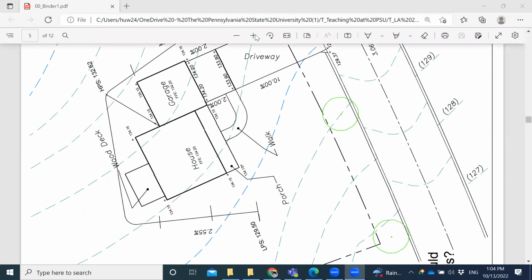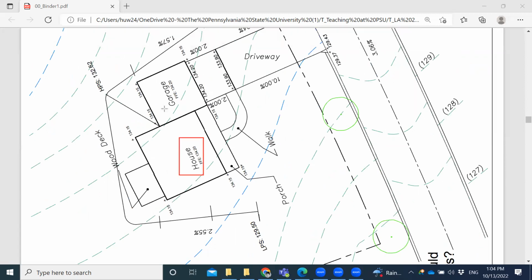Raise this so that it is 0.5 above your FFE of the garage. That will make your life a lot easier.